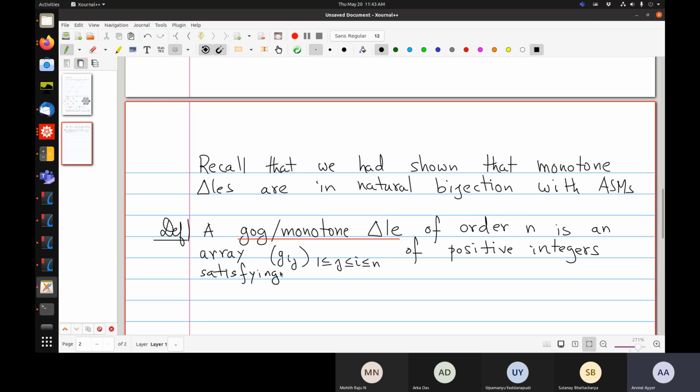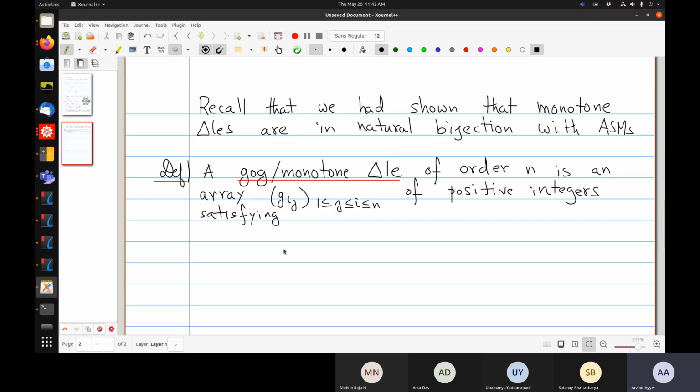So I had defined this earlier when we were talking about Aztec diamonds. So what are the properties? So 1 is less than or equal to G_ij less than or equal to n. G_ij is less than or equal to G_{i-1,j} is less than or equal to G_{i,j+1}.